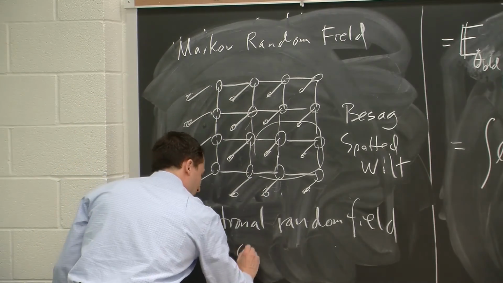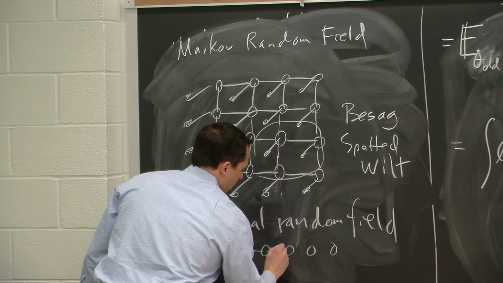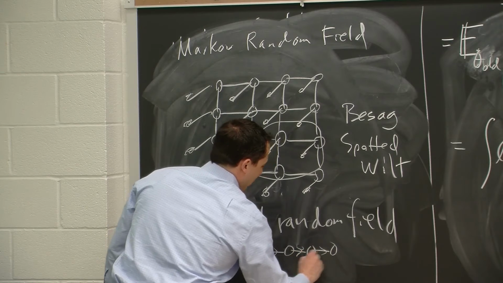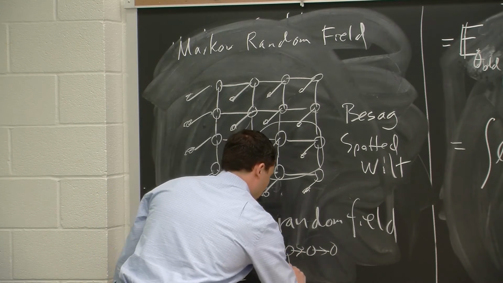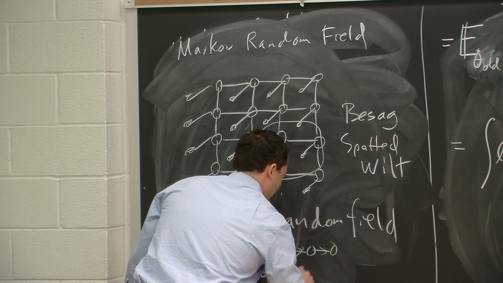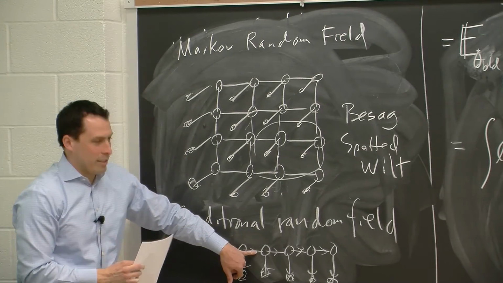A simpler version of that is something called a hidden Markov model, where I have transitions between hidden states. A good example for a hidden Markov model is something like the economy. There's a hidden state, which is: is the economy in recession or not?